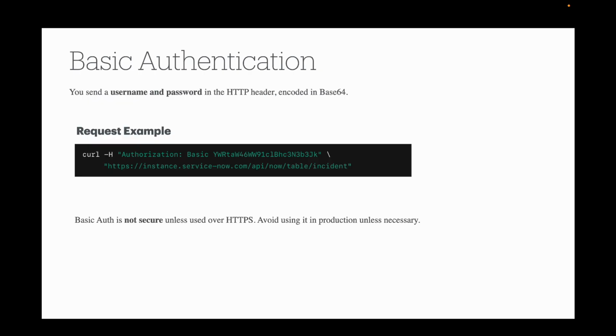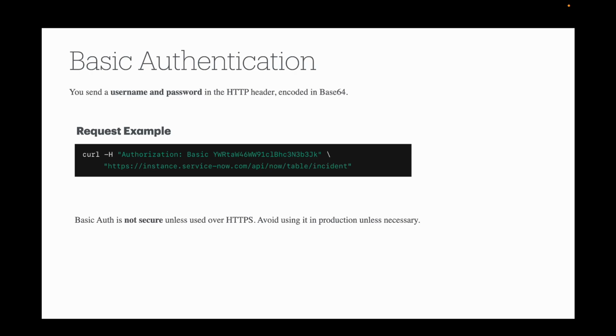Basic authentication means you send a username and password in the HTTP header of the request, encoded in base 64. The username and password is a very confidential thing. You cannot allow everyone to see it. That is why we encode it in base 64. If you see the request example here, Authorization: Basic, then you can see a string, YWRt.